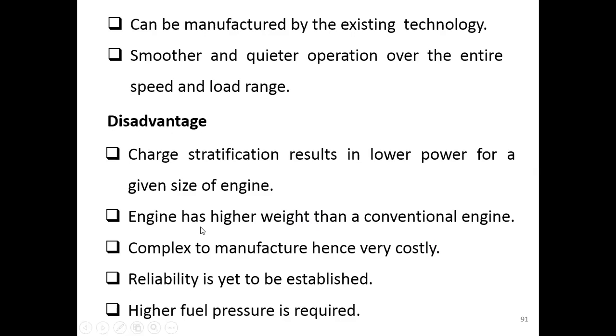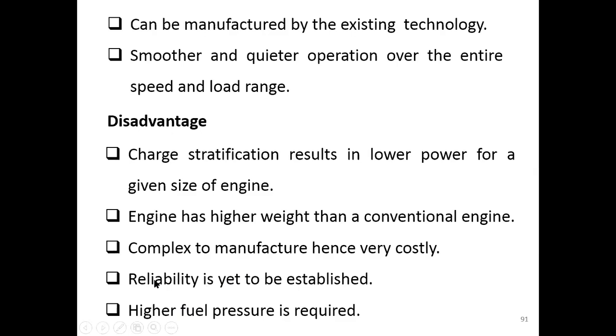It's complicated to manufacture, so it's costly. So that is the cost problem, but I think they overcome this. That's why modern engines now use this kind of stratified charge engine. The reliability is also a concern, but now this is no longer the problem.